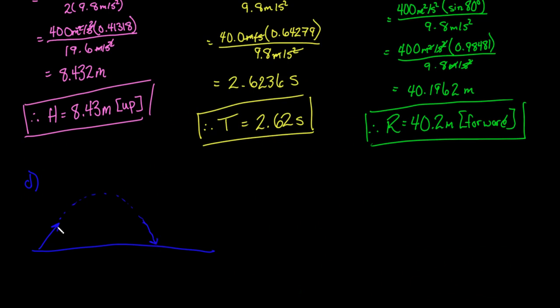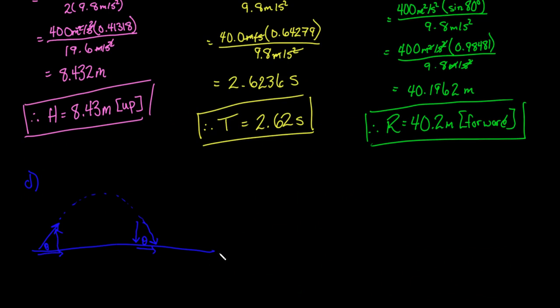And remember, because dy is 0, we have a very symmetrical situation here. So the angle that you make with the ground for both of them is going to be the same. If that angle is the same, notice what else is going to be the same. Your component in the y direction is going to be the same, just in the opposite direction. And that x component never changes.